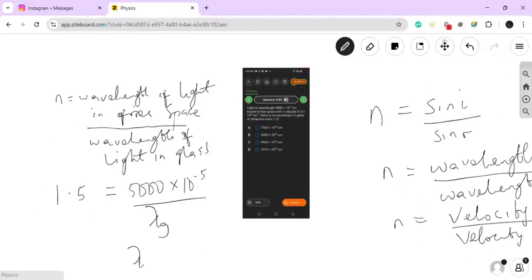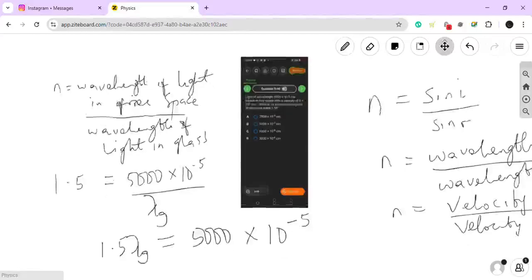If we cross multiply, 1.5 lambda g equals 5,000 times 10 raised to power minus 5.